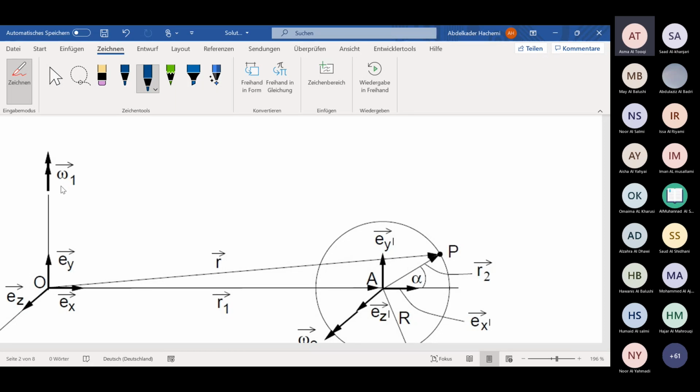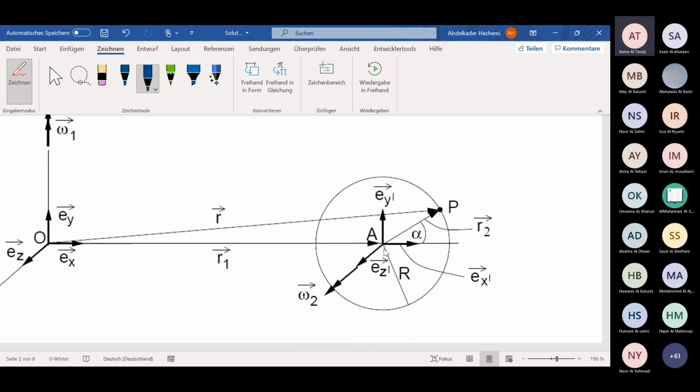Then we have omega 1 along the y direction. Omega 2 is along the z or z prime direction. We have the point P here, okay? We have the position vector of the point P to the global coordinate system, or origin of the coordinate system. What we have here is R.